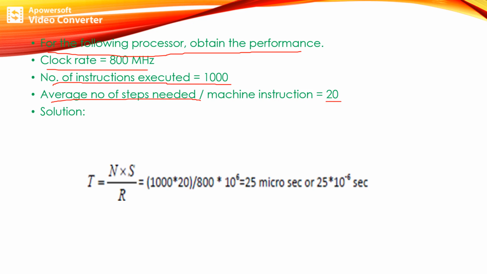We know the equation, T is equal to N into S divided by R. N is equal to 1000 into 20, divided by R, that is 800 megahertz, the clock rate, 800 into 10 to the power 6. So we get the final value as 25 microseconds, or 25 into 10 to the power minus 6 seconds.